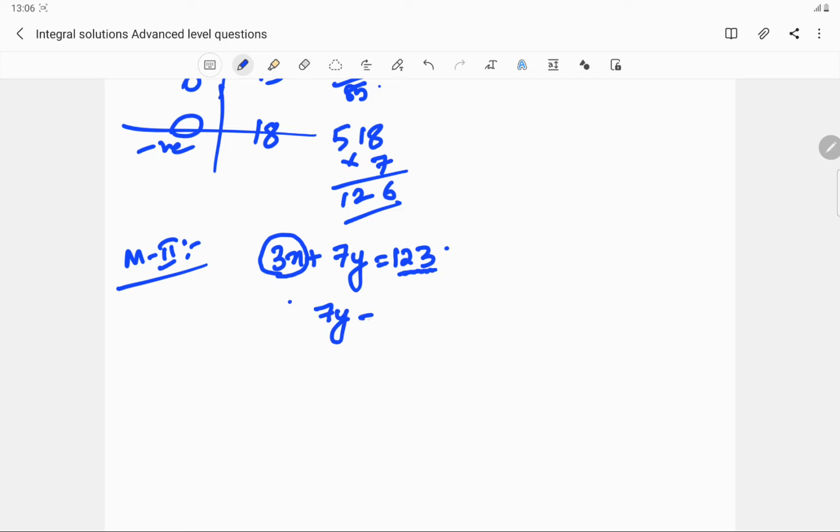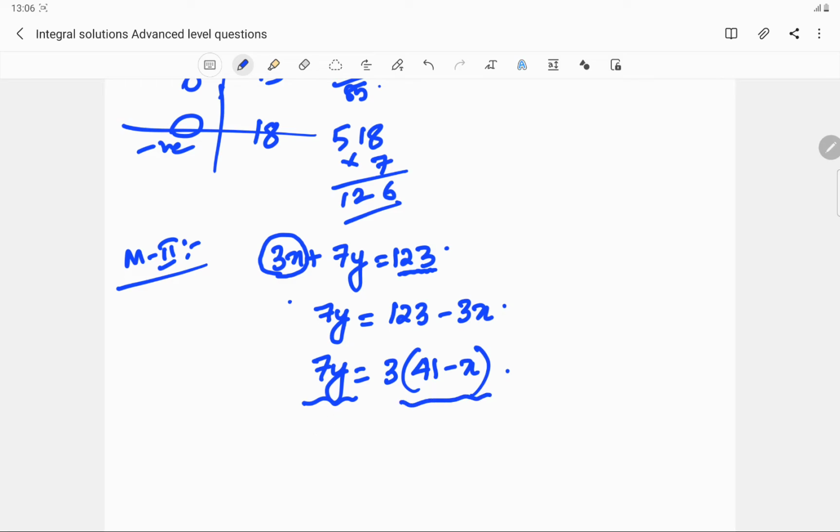So this will be 7y is equal to 123 minus 3x. So 7y is equal to 3 into (41 minus x). Now this is divisible by 7, so this should also be divisible by 7. So 41 minus x should be divisible by 7.